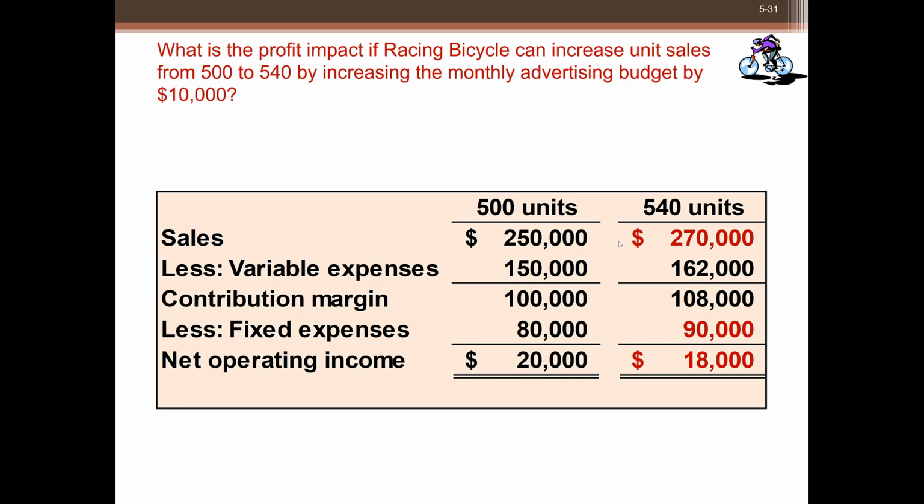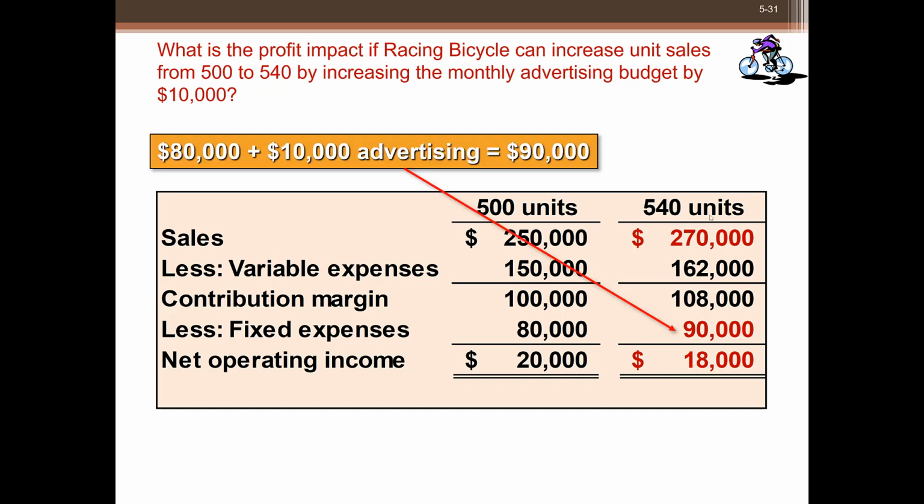Total sales: 500 selling price per unit multiplied by 540 units, and we can get total sales of 270,000. Total variable expenses are calculated by 300 variable expense per unit multiplied by 540 units. You can get 162,000.